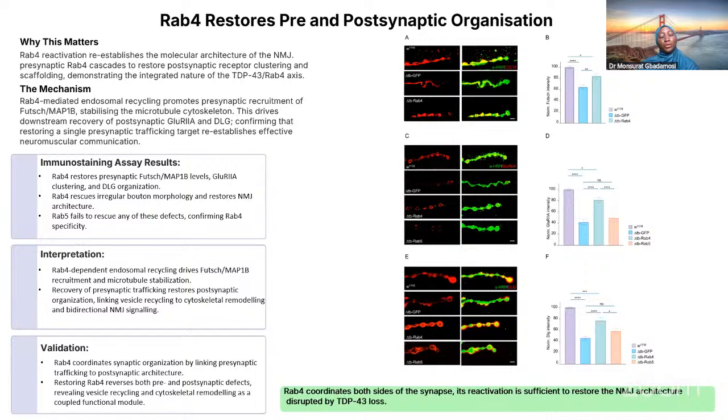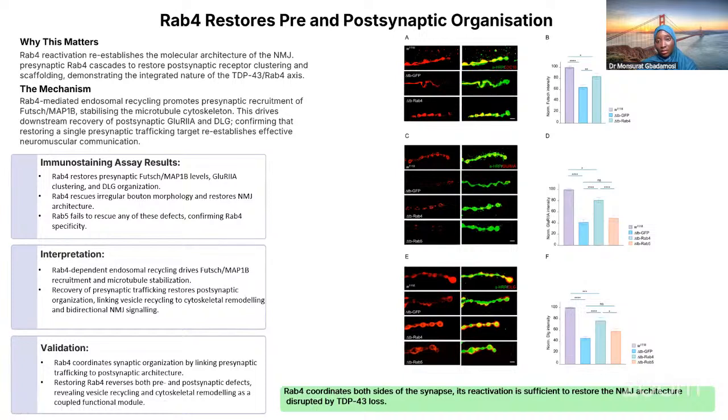So when we checked the level of Futsch at the neuromuscular junction of these flies, here, this is the mutant, this is wild type, and this is RAB4 rescue. See, at the terminal buttons, Futsch is missing in the mutant, which is what is expected.